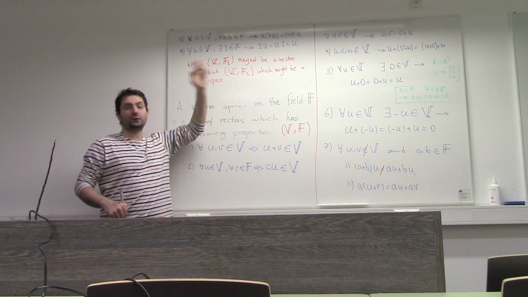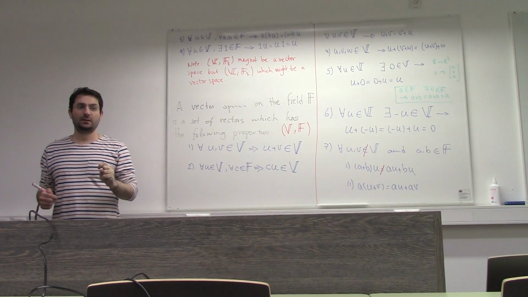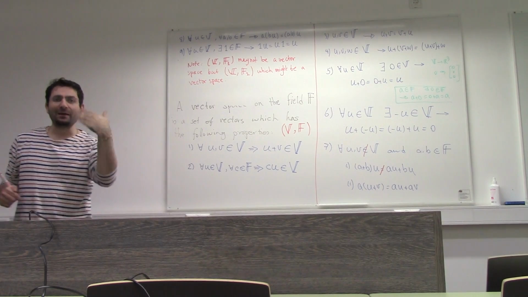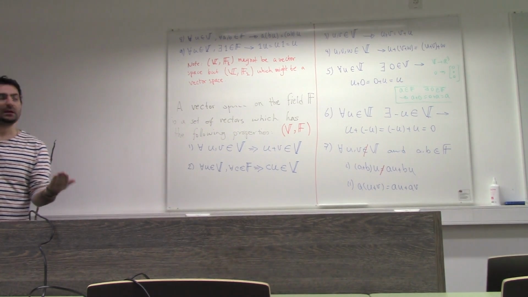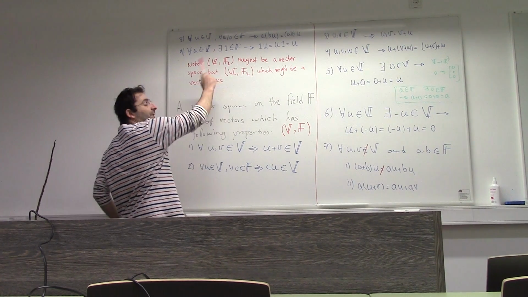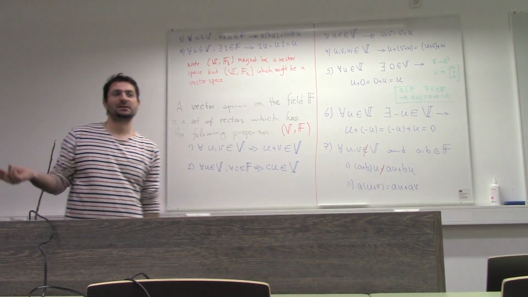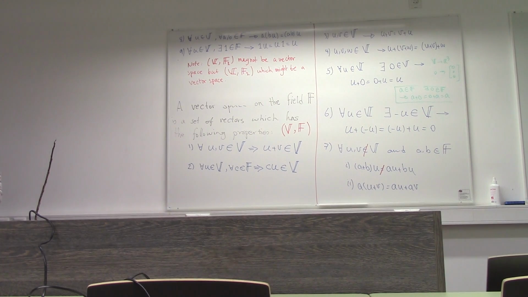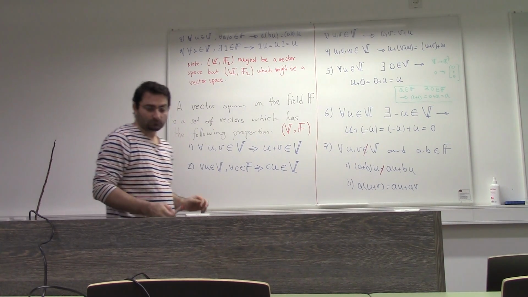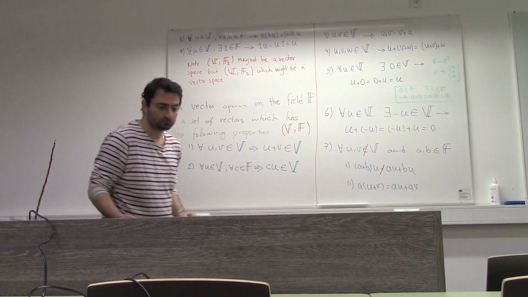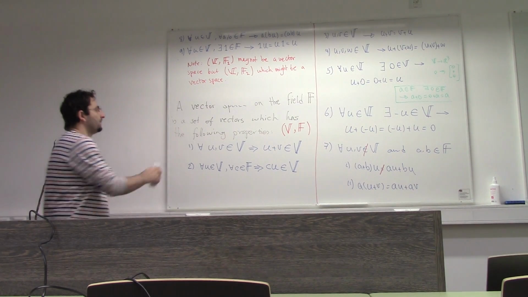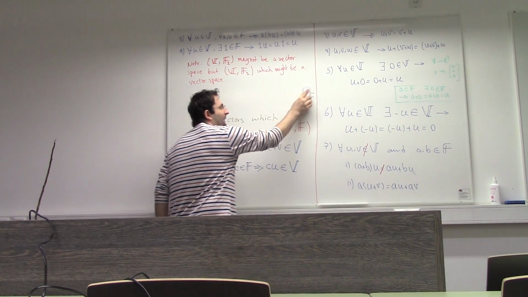And then when F2 is a real number, then we are okay. So this scenario can happen that the vector space is a vector space for one field, but not necessarily a vector space for another field, right? So let's write down a few examples.